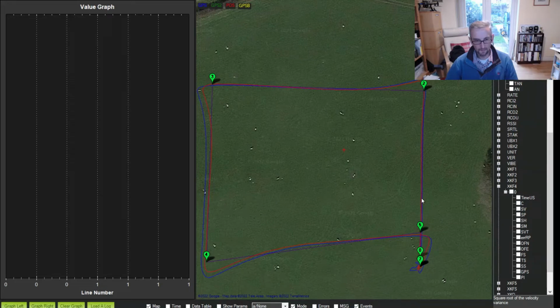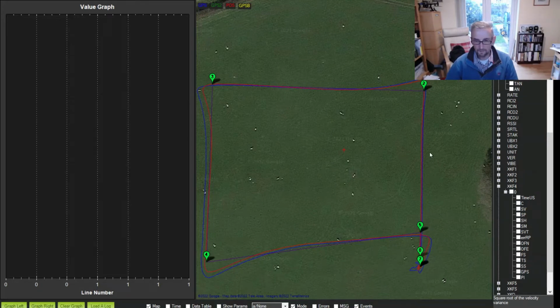And the other thing to notice is you can see that it's sort of coming a bit more unstuck as it goes around. So first waypoint is pretty good, second waypoint, okay, third waypoint seems a little bit off.